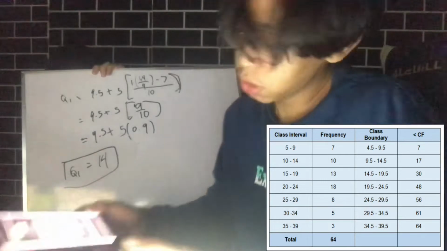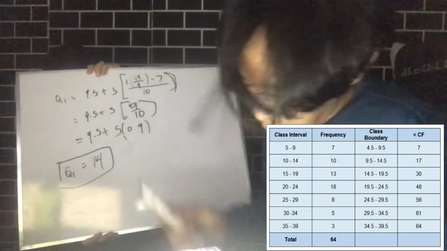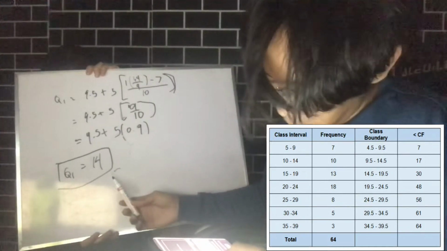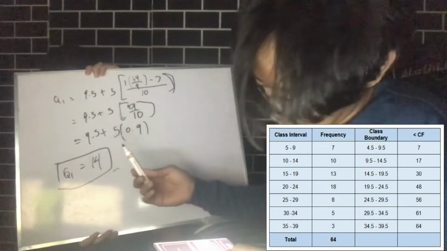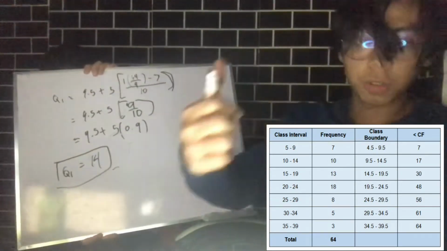So as you can see in the table up there, the 14 is the middle of our quartile class. Thank you.